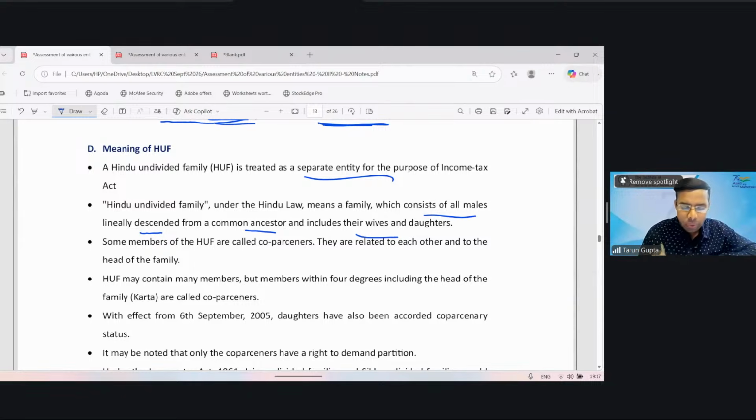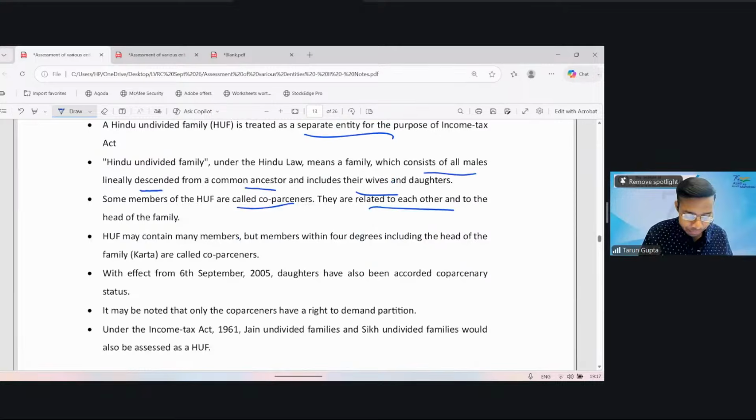Okay. The members of the HUF who have the same blood are called co-parceners. They are related to each other and to the head of the family. An HUF may have many members, but only four degrees, including the head, the karta, are considered co-parceners.